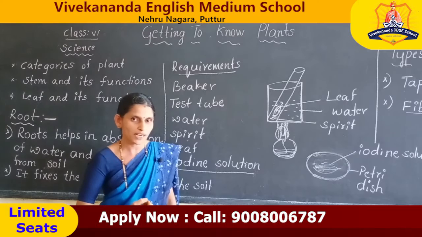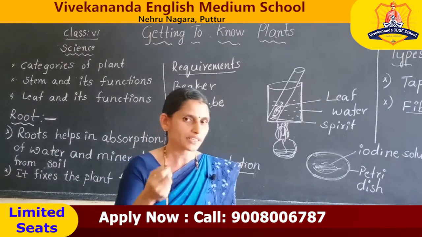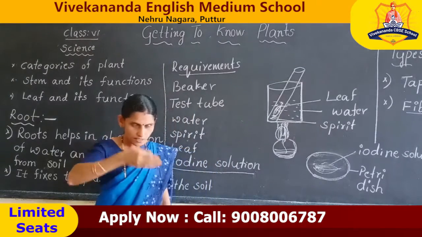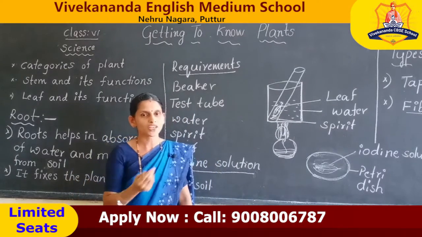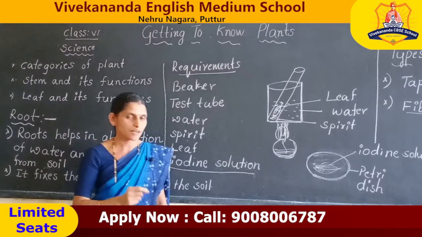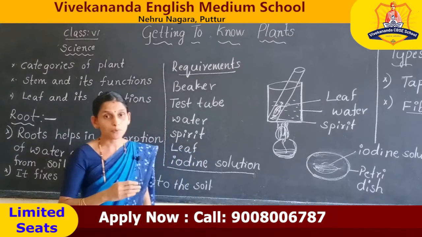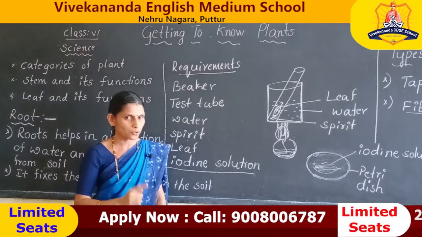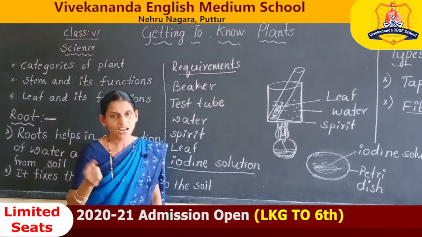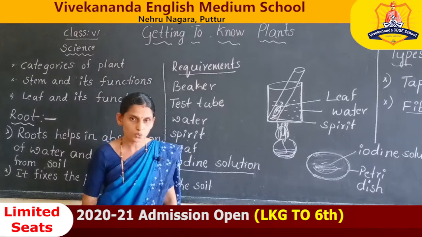Why do these plants have thick roots? It is because plant leaves prepare food, and that food is translocated downward through the stem and stored at the tip of a root. Thus stem helps in two functions. One is upward conduction of water from root to the upper parts of the plant, that is to the leaves, and also food is transported downward to the root.